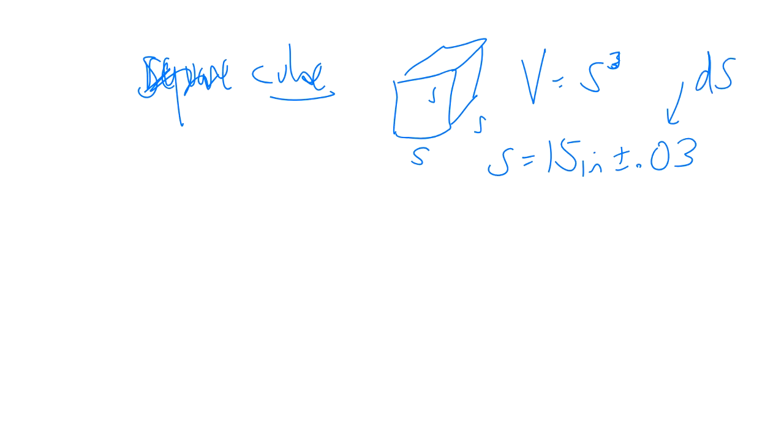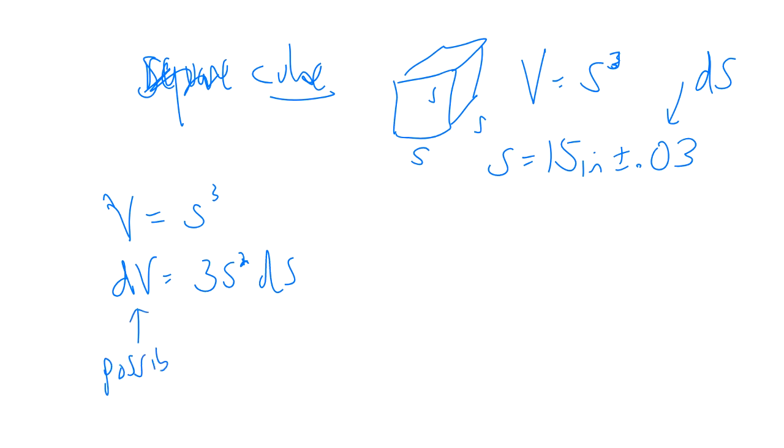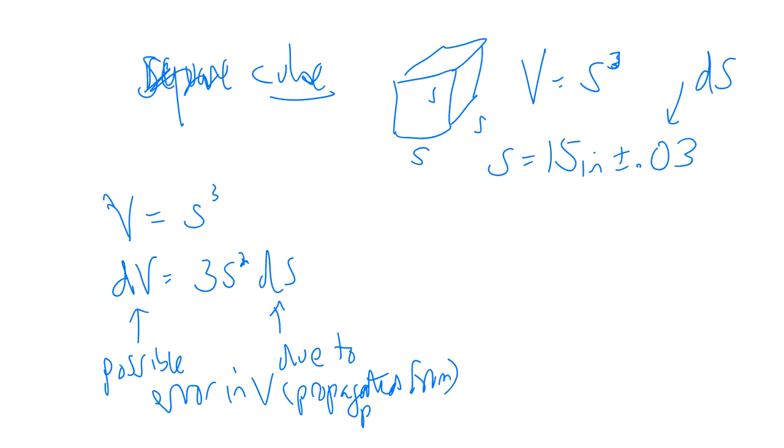I would take the volume formula, and dV is going to be 3s squared ds. And that would be telling me the possible error in volume propagated from the possible error in side length.